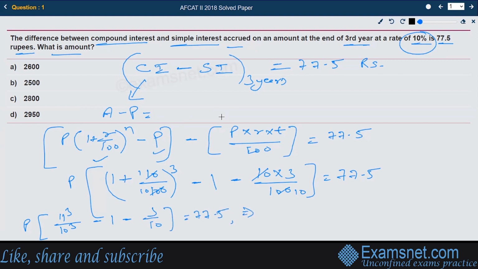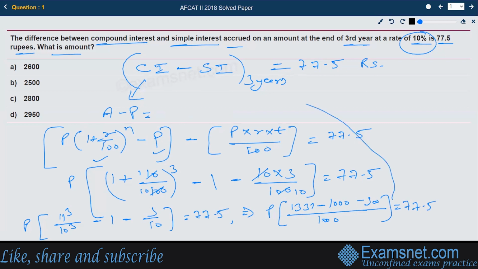If I solve this, 11 cube is 1331. Taking 10 cube, that is 1000, as the common denominator, I have to deal with 1331 minus 1000 minus 300. And this should again be equal to 77.5.